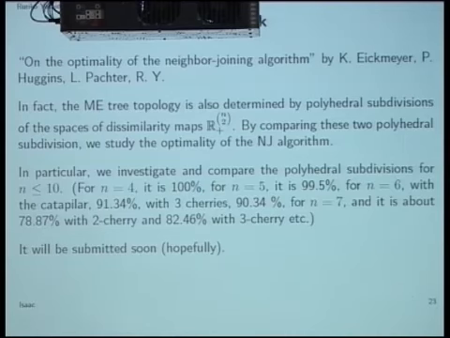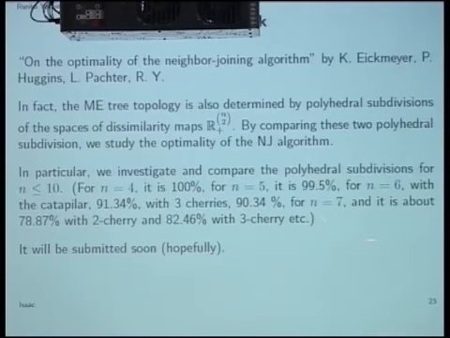It is very hard. But for n equal 4, it is 100%, so that's exactly overlapping. And for n equal 5, it is 99.5%. Notice that there is only one unlabeled tree topology there. For n equal 6, we have two different ones: for the caterpillar we have 91.34%, and for the 3 cherries, we have 90.34%.